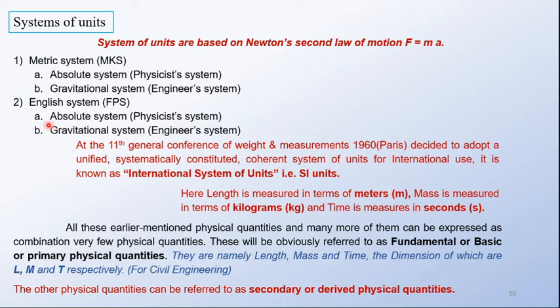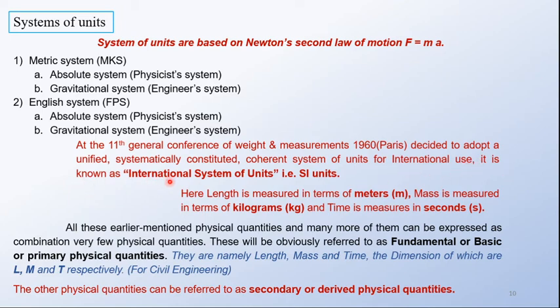Because of the confusion that used to be there between the system of units, at the 11th General Conference of Weights and Measurements in 1960 at Paris, it is decided to adopt a unified, internationally systematically constituted, coherent system of units for international use.